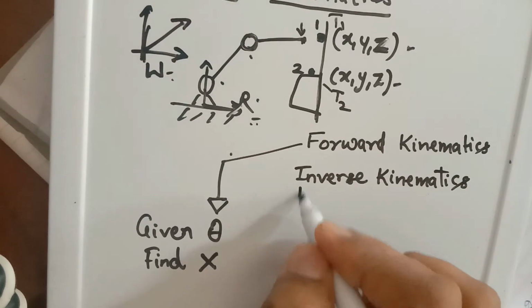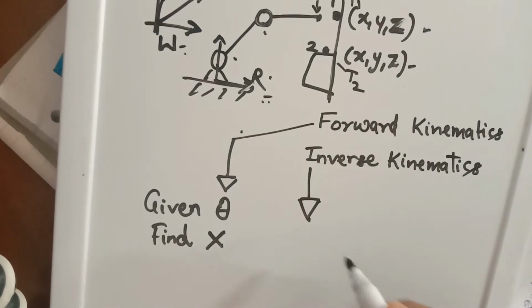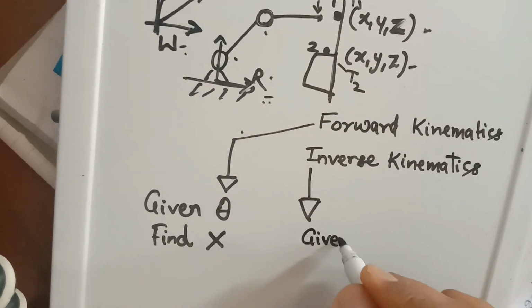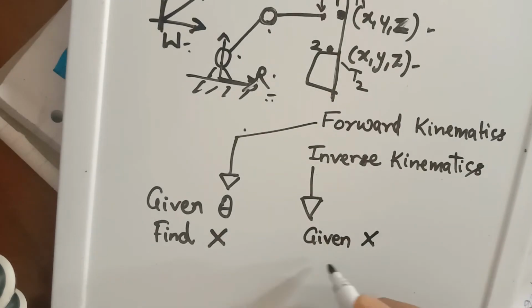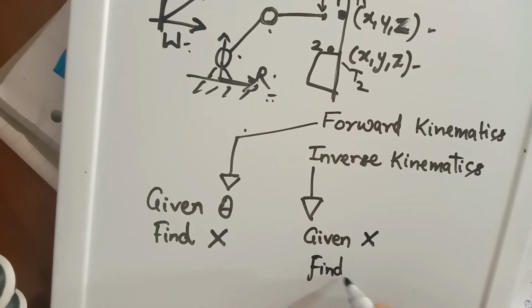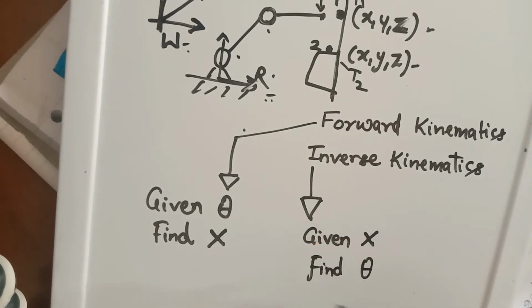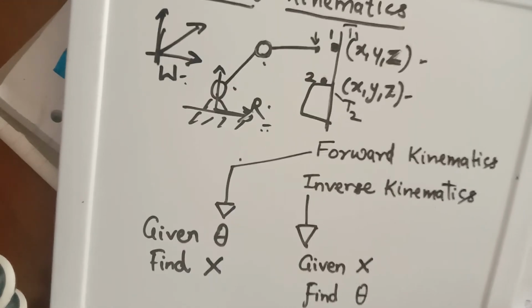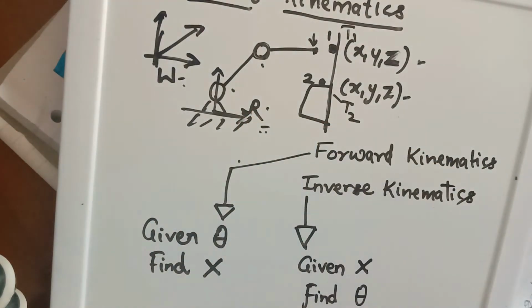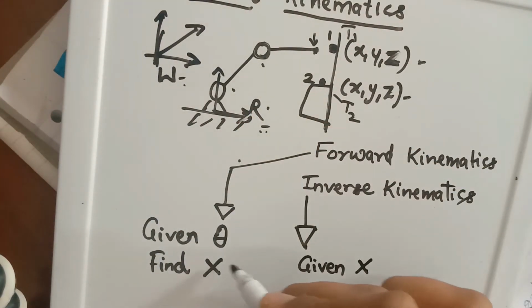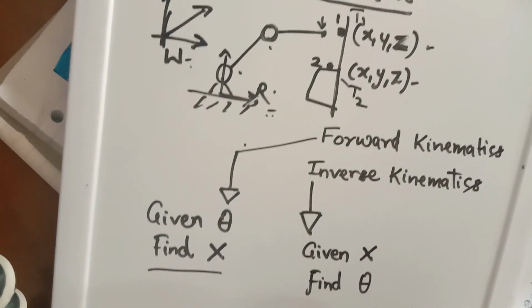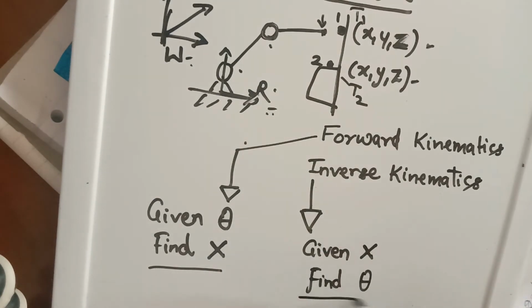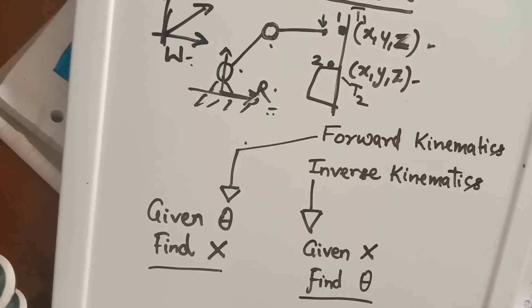So this is forward kinematics. Inverse kinematics is exactly the inverse question. Given the tip of the robot x, find theta, right? And for the system that we are studying right now, it is an open chain manipulator. Forward kinematics is a straightforward thing, and inverse kinematics is a little more involved, right?